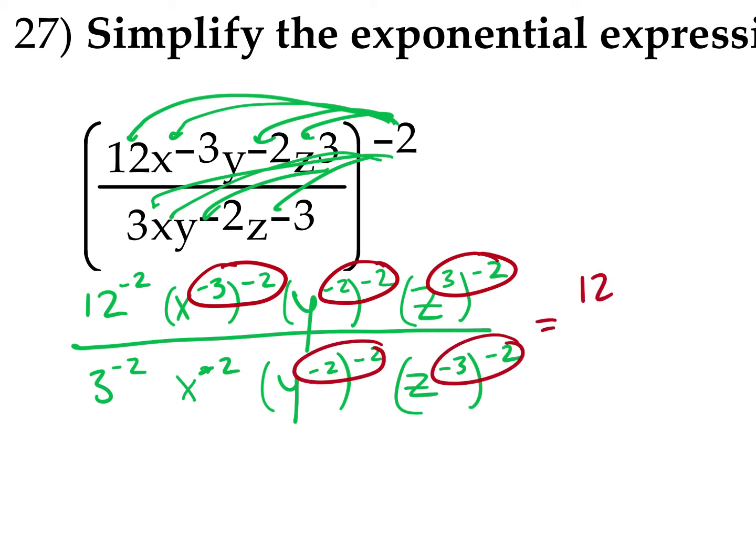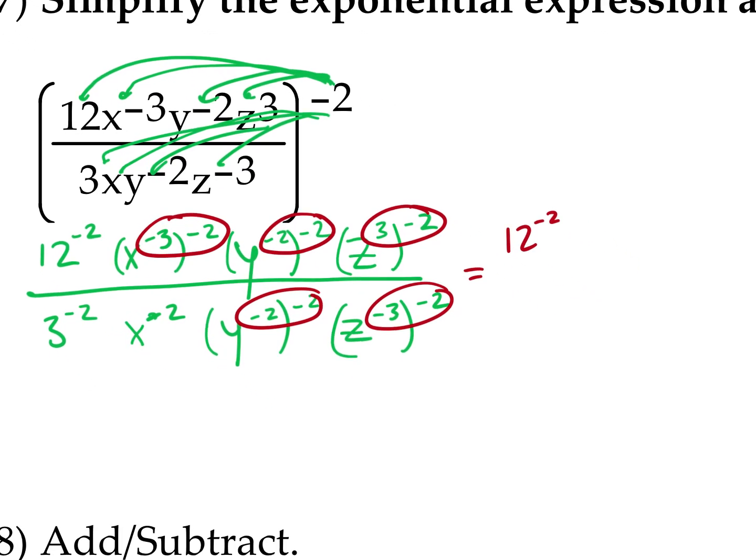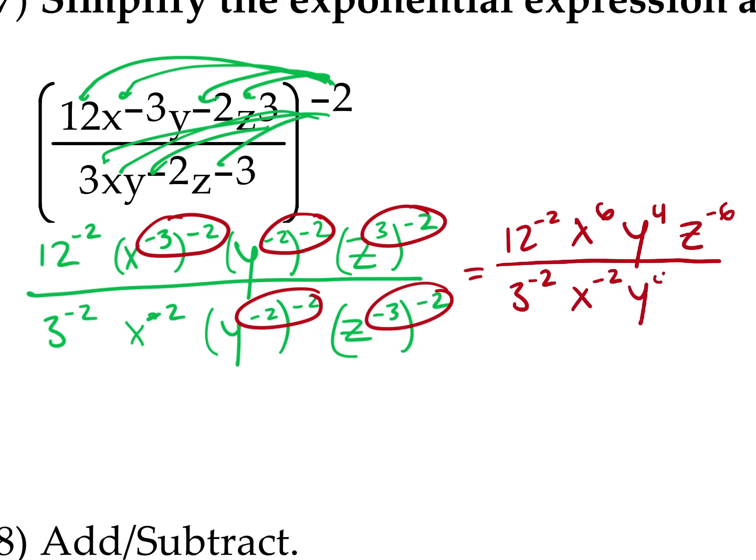So that stays 12 to the power of negative 2, x to the power of 6, y to the power of 4, z to the power of negative 6, over 3 to the power of negative 2, x to the power of negative 2, y to the power of 4, and z to the power of 6.